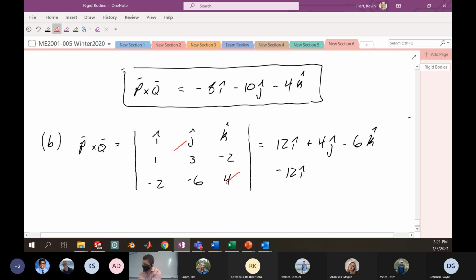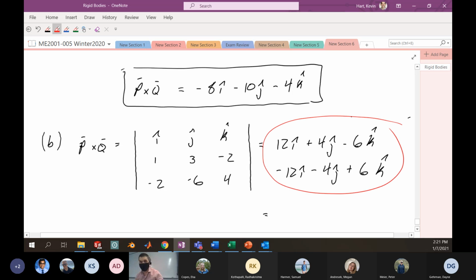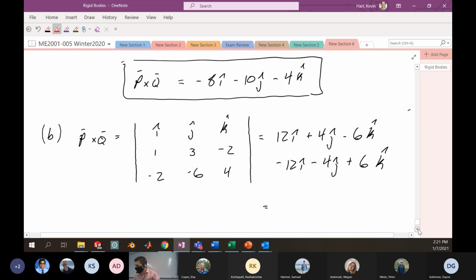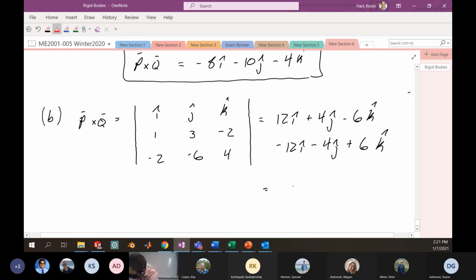Here we have 1 times 4 is 4, but I'm going down and to the left, so minus 4 j hat. I have minus 2 times 3, but it's down to the left, so I have to flip the sign, plus 6 k hat. Put this all together, we see everything cancels out here. Interesting. So this is the zero vector. That's how you would represent the zero vector.